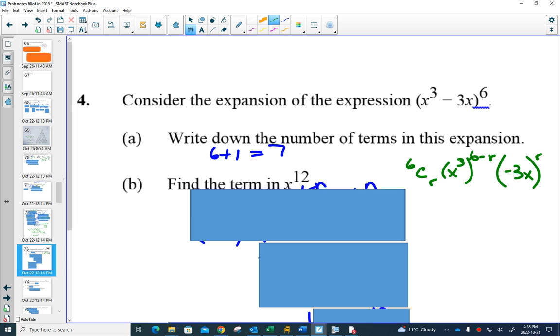All those x's are going to be in your numerator. You want an x to the 12. Look at it, do some mental math. Tell me what r is in your head. Well, don't say it out loud, because that will influence somebody else. But can you figure out what r is without doing any of the algebra?